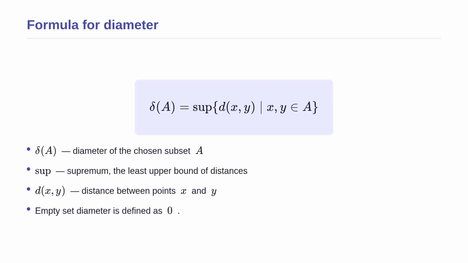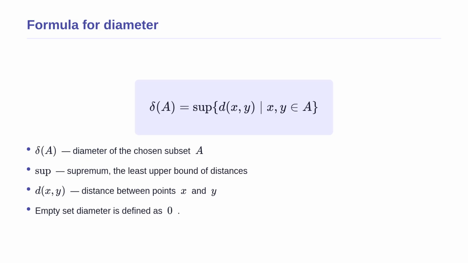This brings us to the formal mathematical equation for the diameter, which captures exactly what we just discussed. The symbol delta of A represents the diameter of our chosen subset A. The symbol sup stands for supremum, meaning we are looking for the smallest number that is greater than or equal to all the distances in our collection.